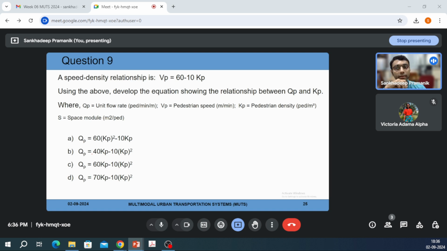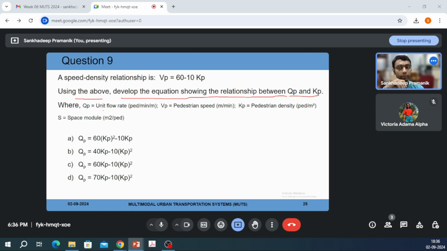Next, the speed density relationship is given as vp equal to 60 minus 10 kp. Using the above, develop the equation showing the relationship between qp and kp.